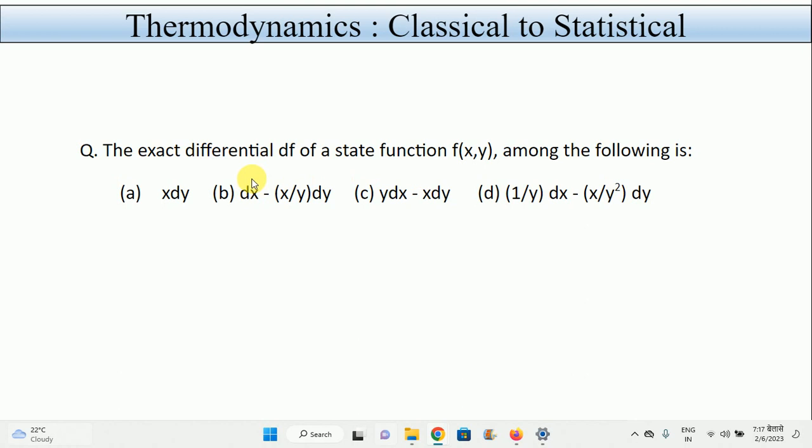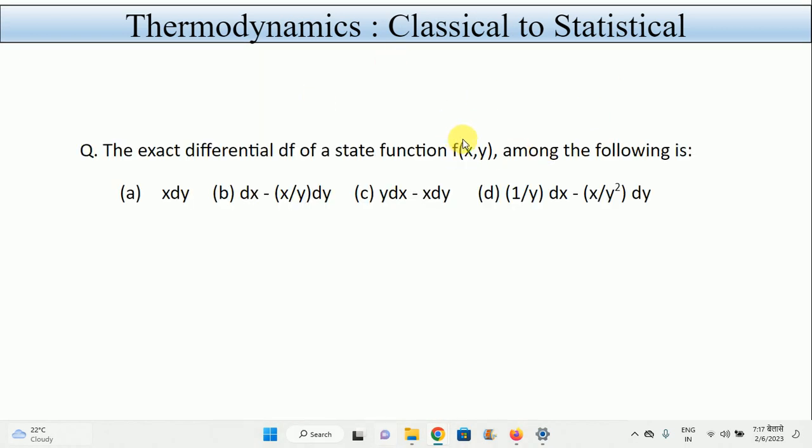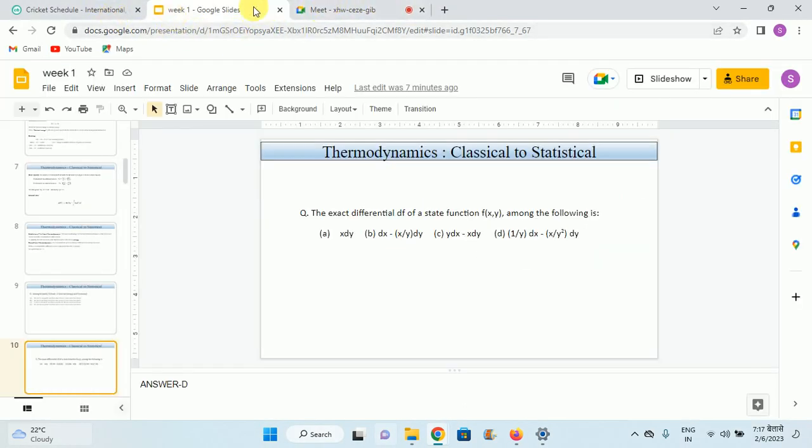For that I have solved it on a page and pasted it here. So for that, since f is a function of x and y, I'll open a board here to solve this.